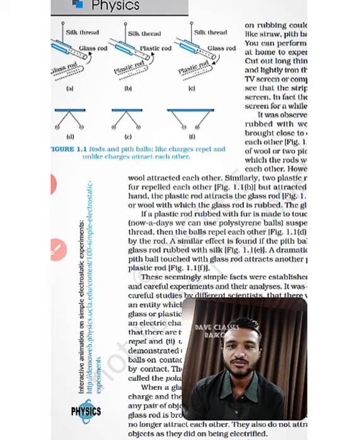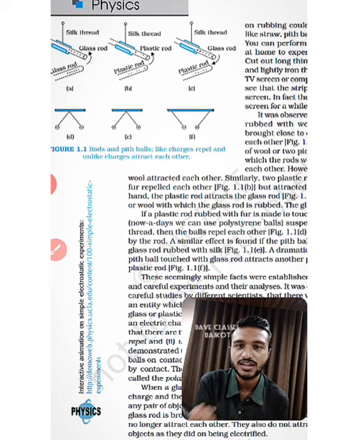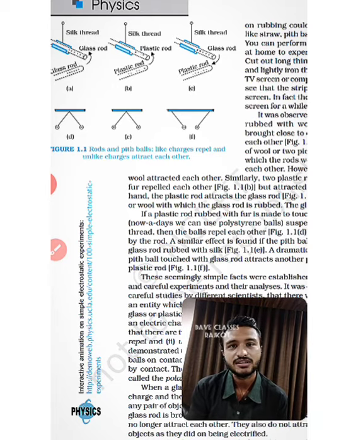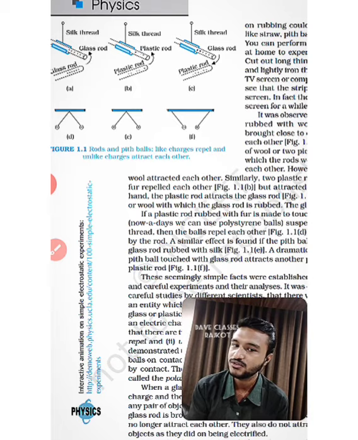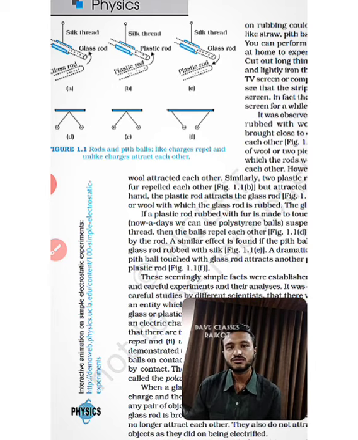We have taken the glass rod, and with the help of silk thread we conducted an experiment in which we came to know that there are two kinds of charges, positive and negative.